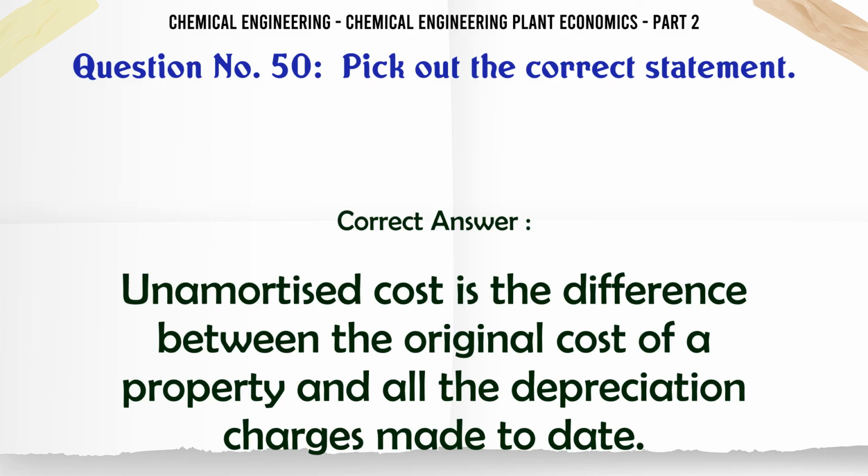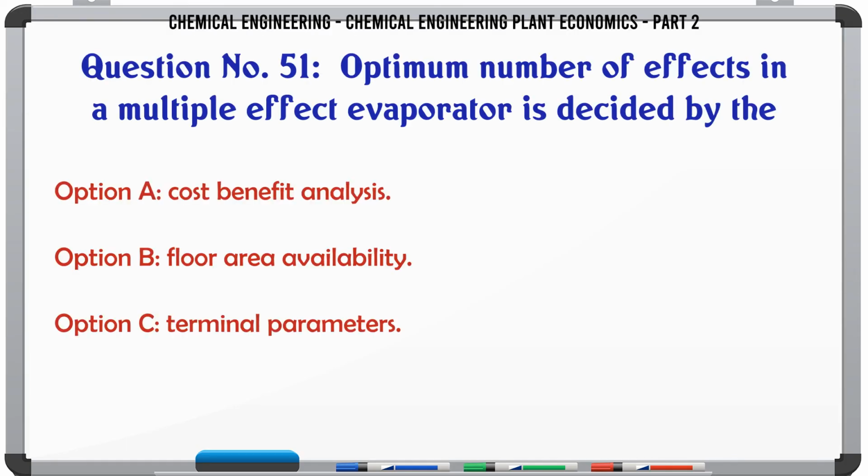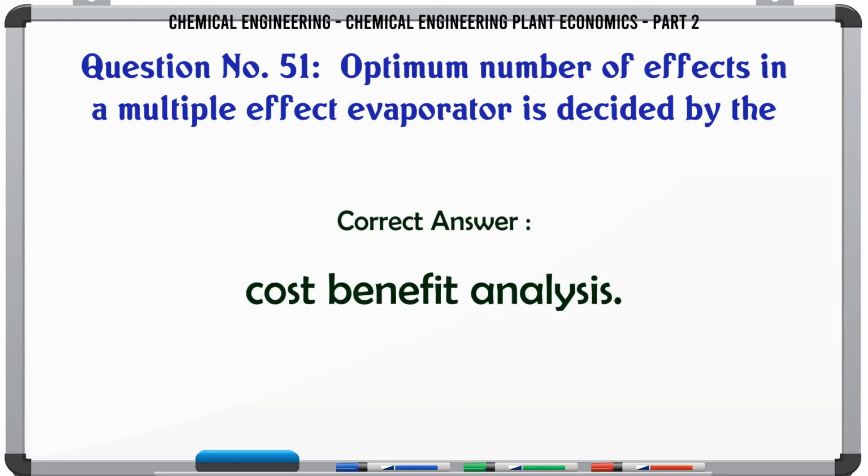charges made to date. Optimum number of effects in a multiple effect evaporator is decided by the A. Cost-benefit analysis. B. Floor area availability. C. Terminal parameters. D. Evaporation capacity required. The correct answer is cost-benefit analysis.